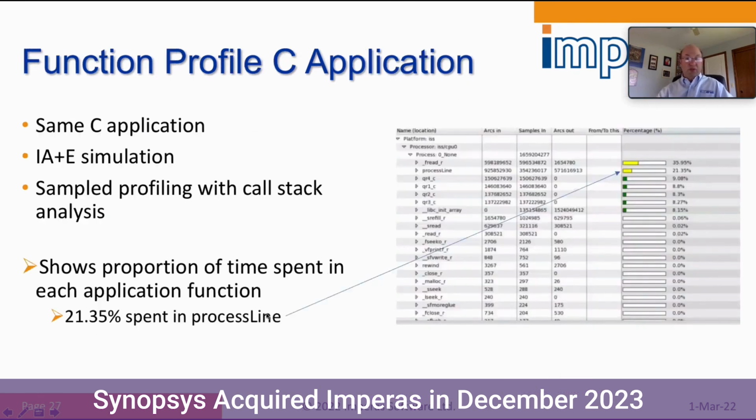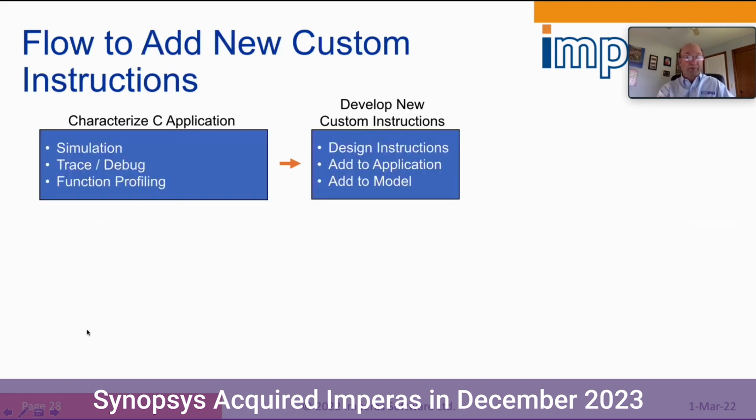We're doing function profiling. And in terms of this example, and actually this is a real example, we're adding SHA-256 encryption instructions to RISC-V. We see that this particular function, the process line function, is taking 21% of the execution time, and we'd like to reduce that.